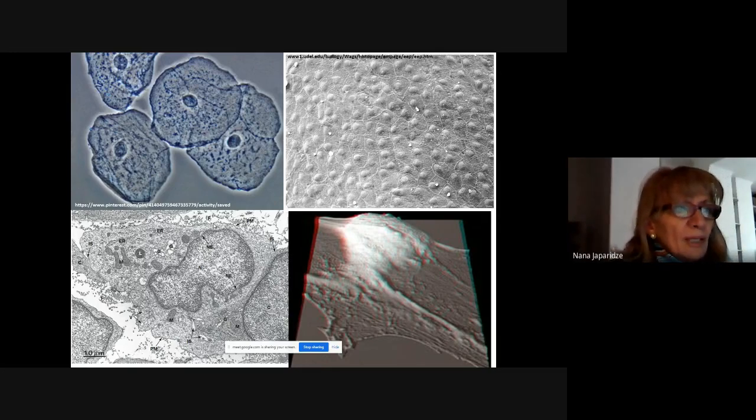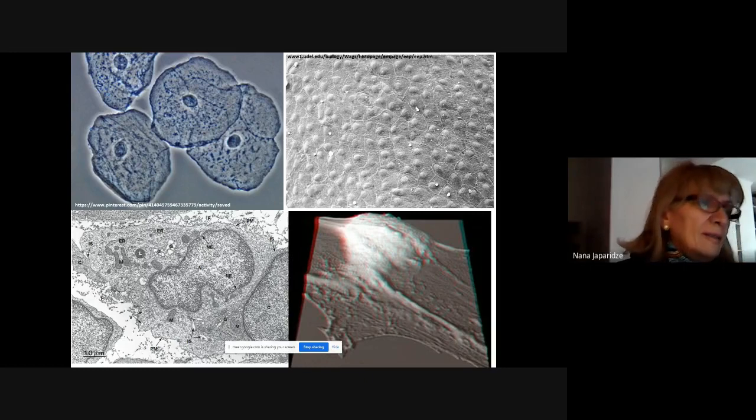When the collagen fibers are transversely sectioned, you see their profiles as dots. If they are longitudinally sectioned, you see their longitudinal thread-like profiles.